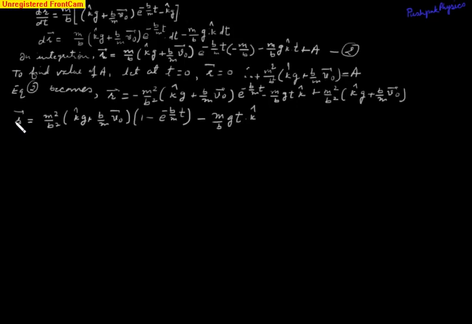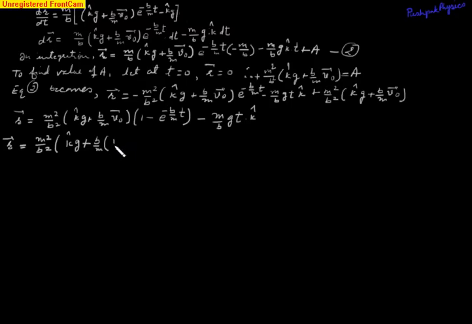Let us write the components of r and v naught. We get here r equal to m squared over b squared, inside we get k g plus b over m.